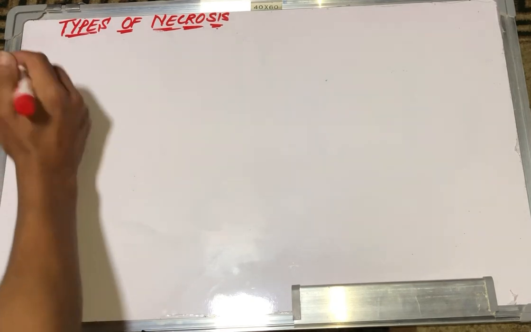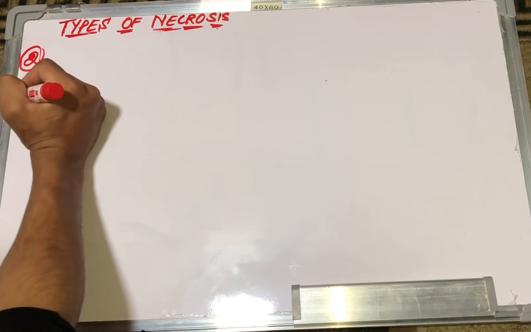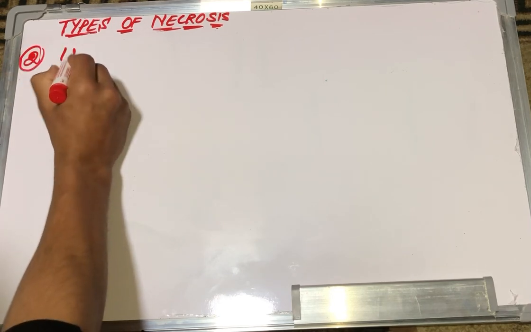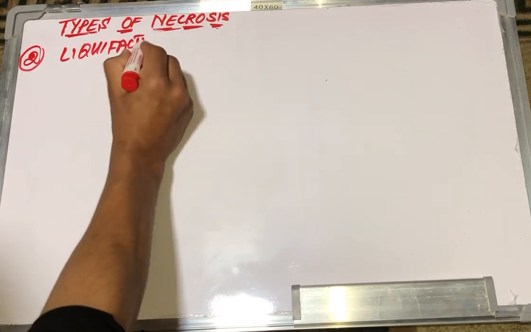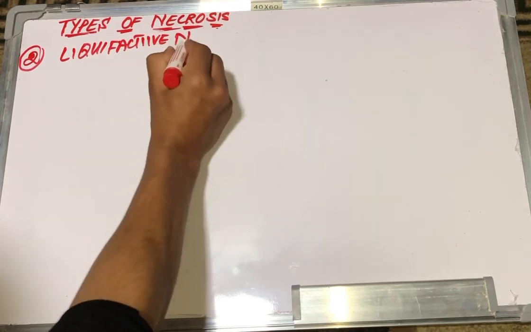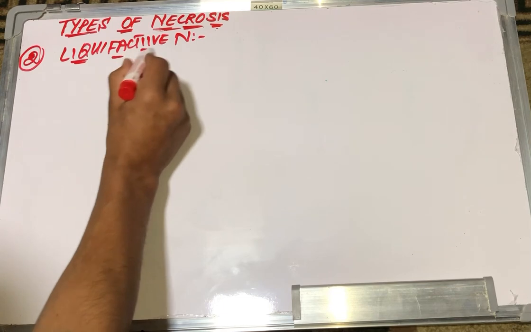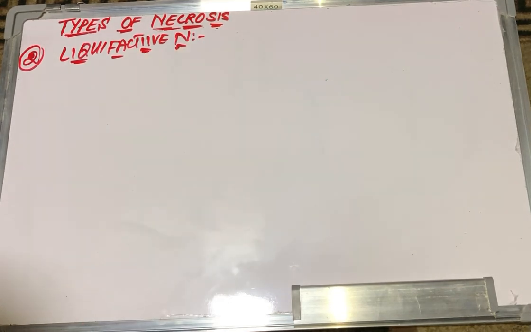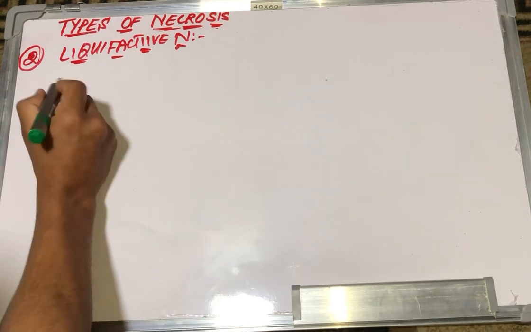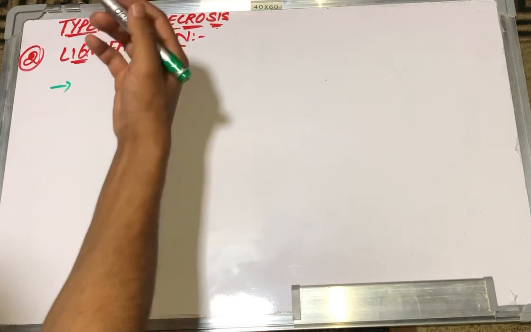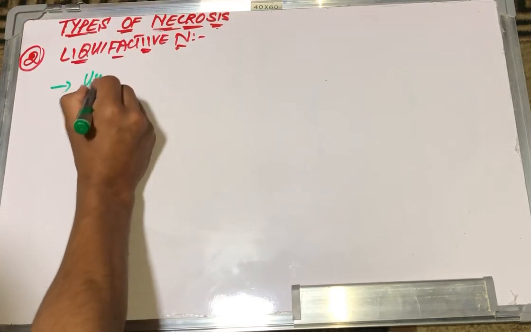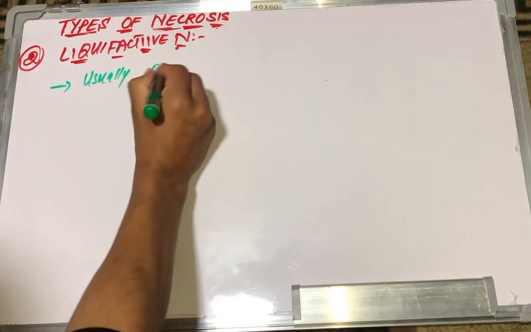Now we come to the second type of necrosis, which is called liquefactive necrosis. Now we will discuss where and how it occurs. Liquefactive necrosis usually occurs because of enzymatic digestion of the cell.